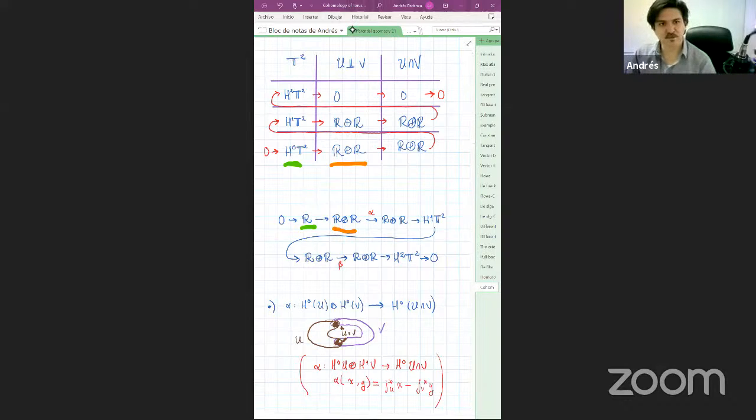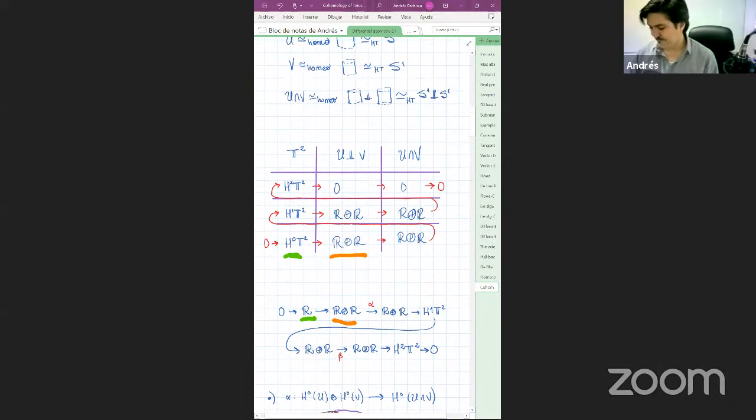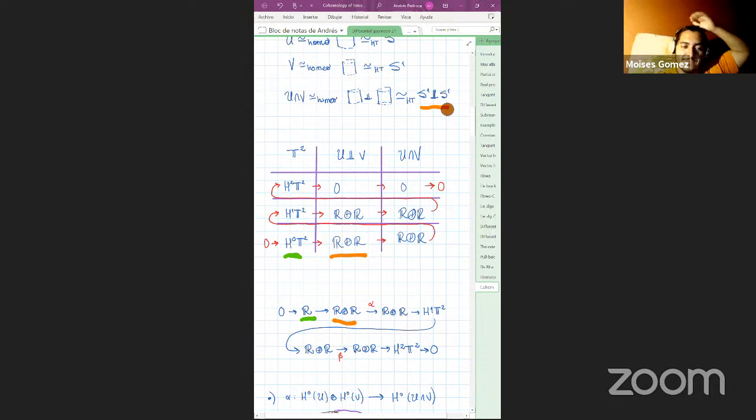And so on. So here, I really have to include the bottom row because U intersection V is not connected. Okay, thanks. Great. Any other questions?